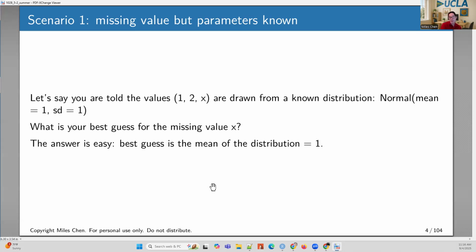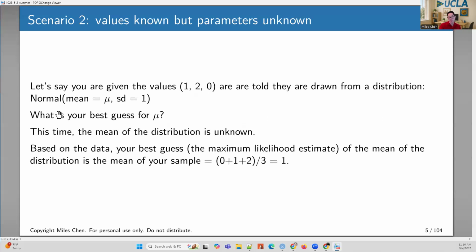Our best guess is the value with the highest likelihood, or highest probability, and that will be a value of 1 at the mean. Obviously, the real value could be anything, but if you had to pick your most probable guess, you would pick the value 1 because that's the mean of your distribution.